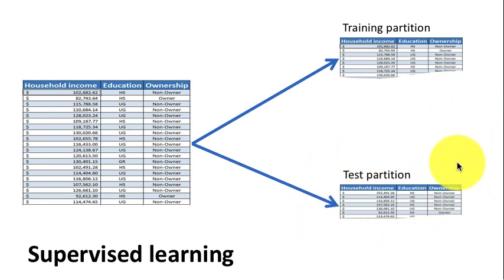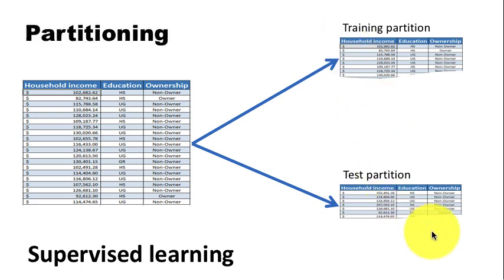It's called the test partition because this is what you're going to use to evaluate the model, and this is called the training partition because this is what you're using to help the machine learn the patterns. So this is giving training to the machine so that it can learn the underlying pattern. Once it learns the underlying pattern, you have the model, and you can apply the model on the test partition. This whole process is called partitioning, and this method of learning is called supervised learning.